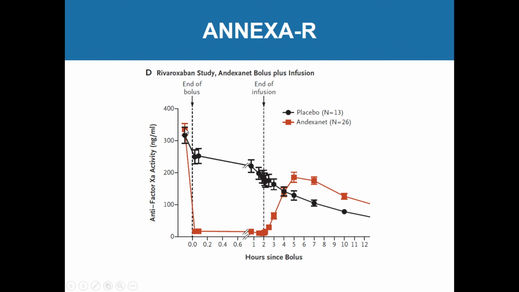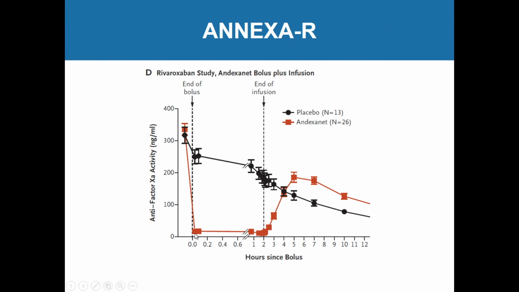You can see in the red line that volunteers who had taken rivaroxaban had a dramatic and rapid drop in rivaroxaban plasma anti-factor Xa activity when treated with andexanet versus bolus with placebo.